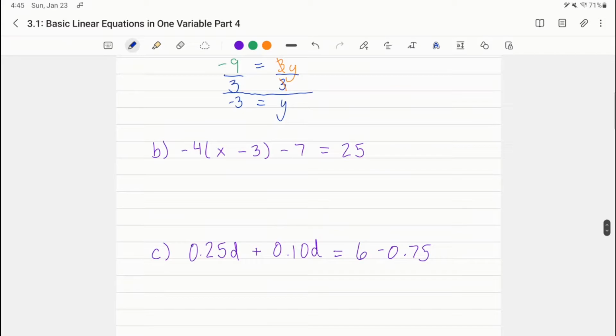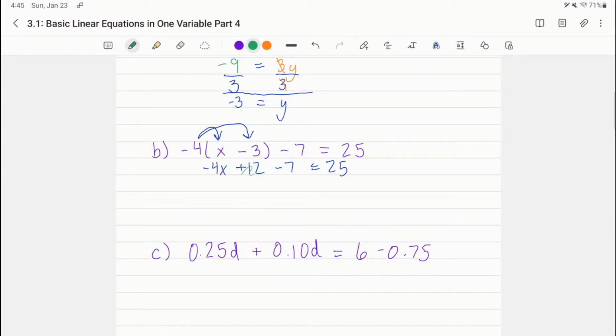Now on B, the first step we want to do is distribute. So negative 4 times x is negative 4x. Negative 4 times negative 3 is positive 12. The negative 7 is not in parentheses, so we do not distribute that. So minus 7 equals 25.